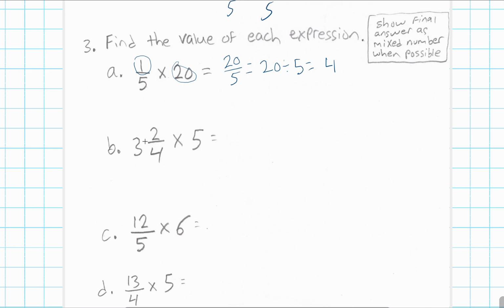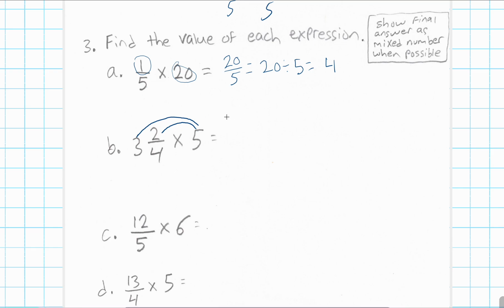Here we have 3 and 2 fourths times 5. So we have a mixed number times a whole number. So the way we're going to do this is that we're going to multiply 5 times 2 fourths plus 5 times 3.